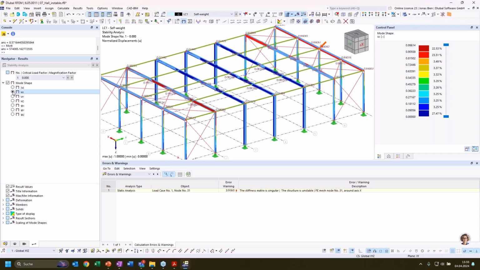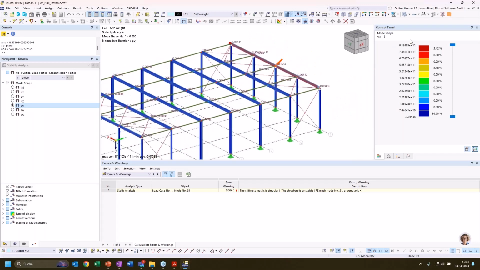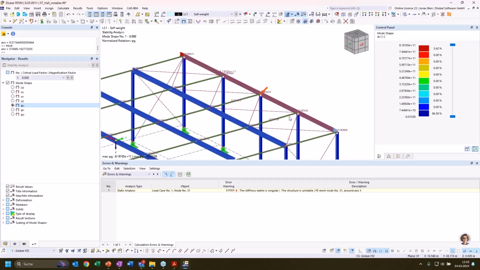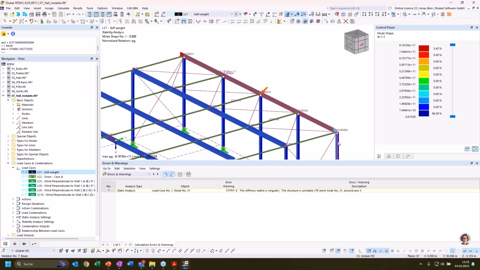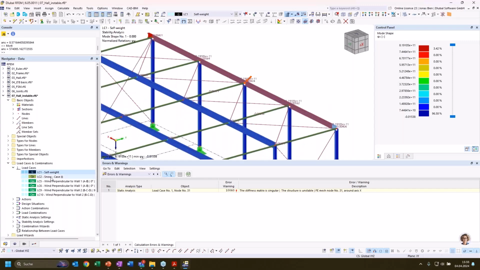When I click through the deformation results, I see that for the rotations around the global x-axis, something looks a bit off. I get very high deformation values, and it seems like the girder here in the last frame freely rotates, which indicates that it's not properly connected to the columns either. Some degree of freedom is not restrained properly.